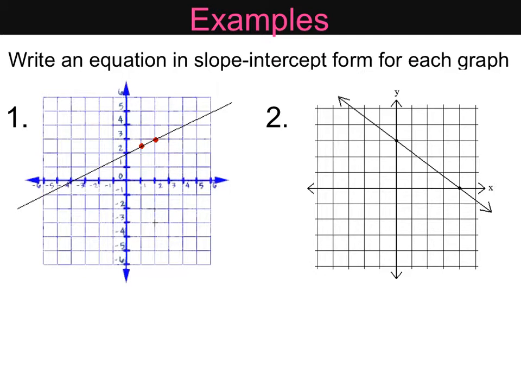Okay, so we're going to practice doing this with some of these graphs to make sure you're comfortable with writing equations in slope-intercept form. So if you look at your first example, first of all, I noticed that I have a positive slope. I'm going to write my slope formula out, and then I'm going to substitute my values in. So I'm going to look for my slope and my y-intercept. I know they give you some points on this graph, but you can look for some other points.